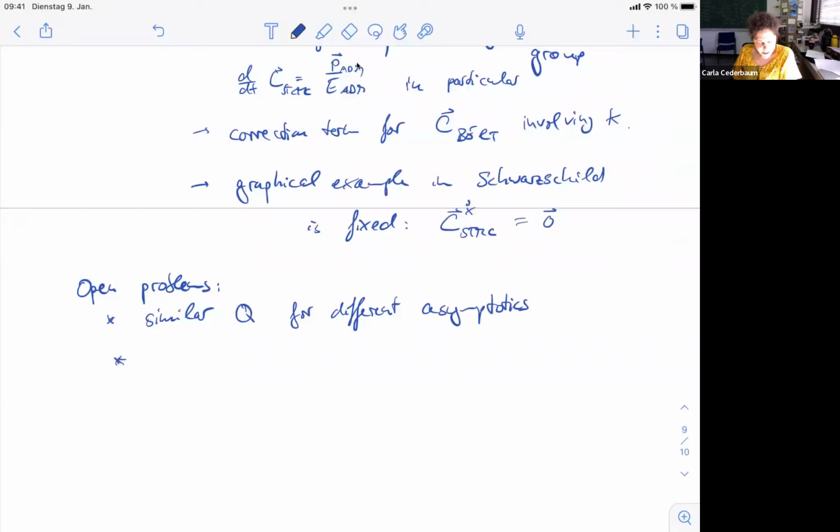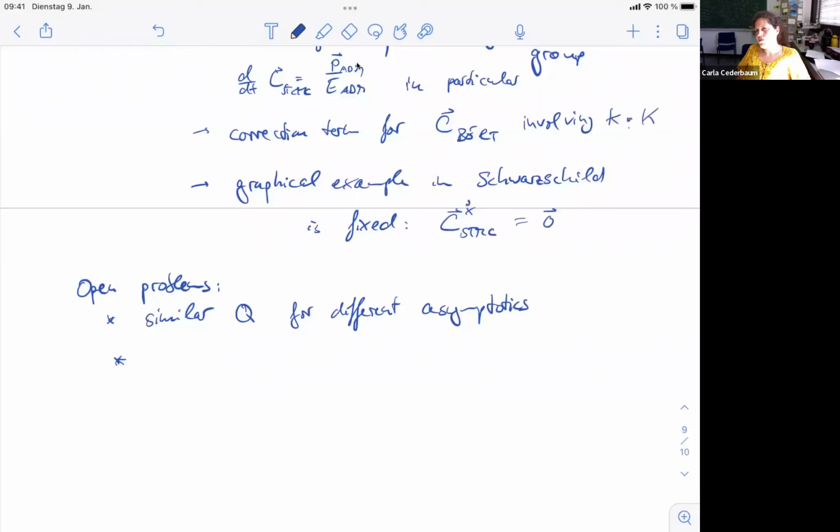And then another question that I think is maybe more suitable for the mostly physics community I'm talking to here is, I want to understand what's going wrong in the Hamiltonian systems approach. Why is it giving me a center of mass that doesn't involve K? Why doesn't it give me this correction term? And is there a way of somehow refining this Hamiltonian systems analysis? It involves K in a quadratic order. So it really involves K times K in some sense, yeah?